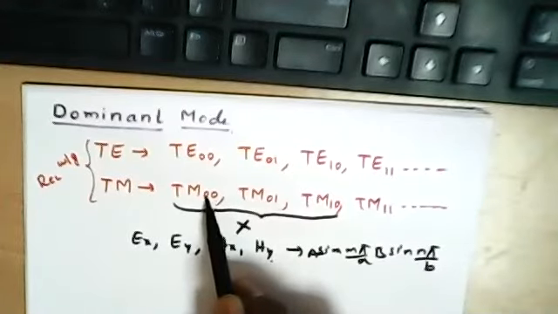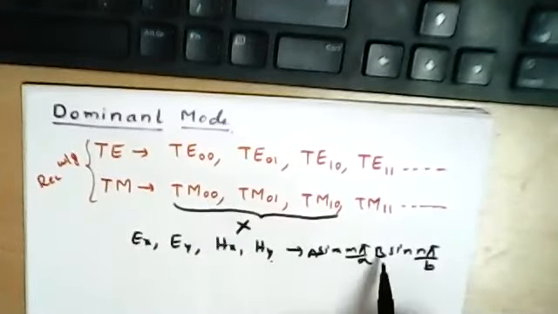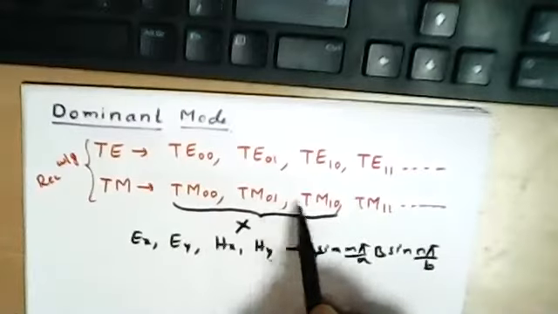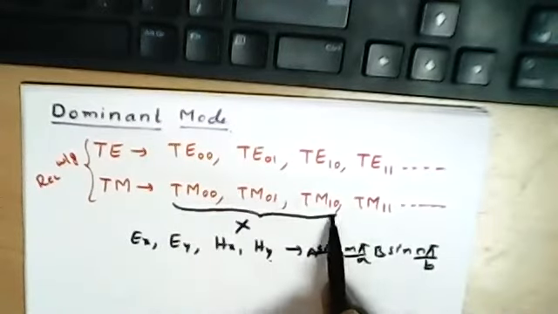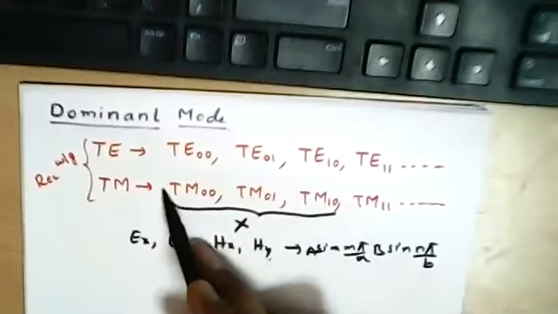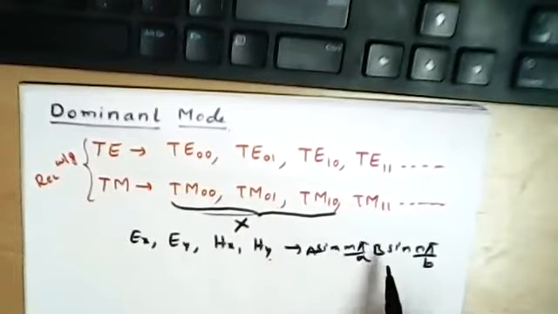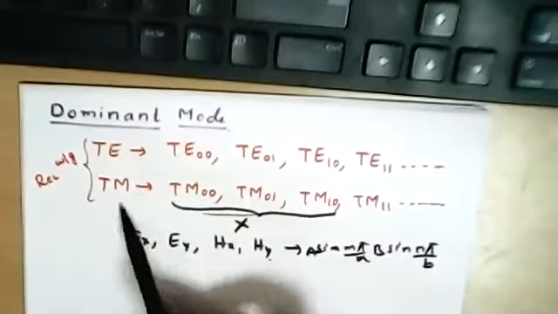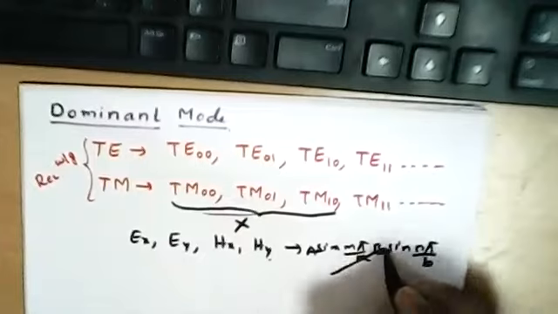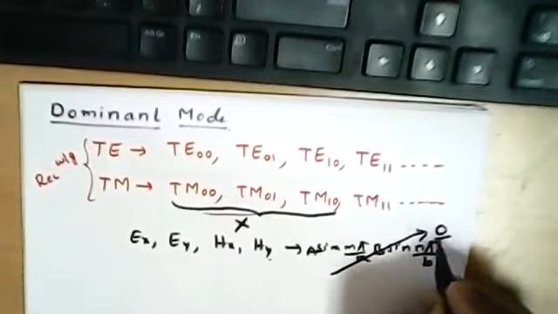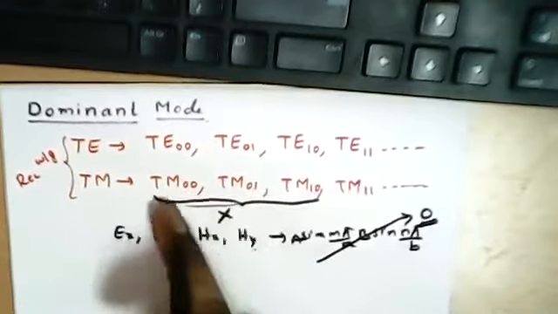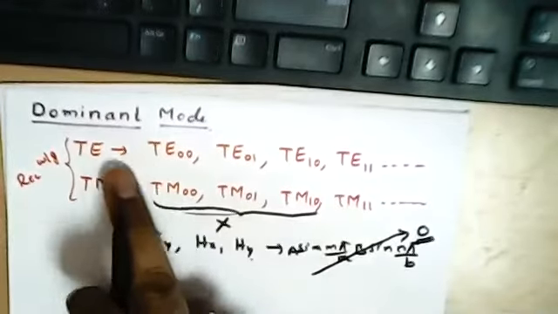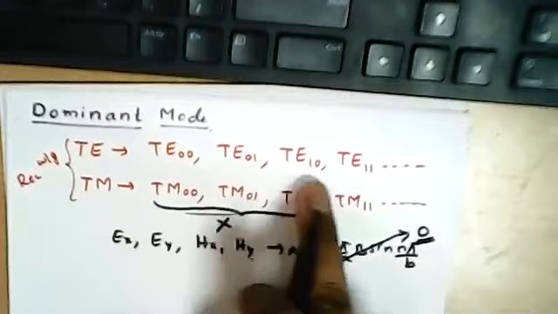So when we substitute 00, 01 and 10 as the values of m and n of these three TM modes in the field equations of TM mode, all of them result as 0. It means these three modes do not exist at all. This is only in case of TM, whereas in case of TE, all the modes exist.